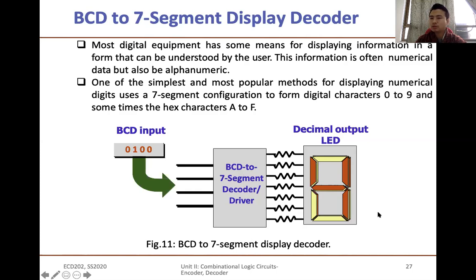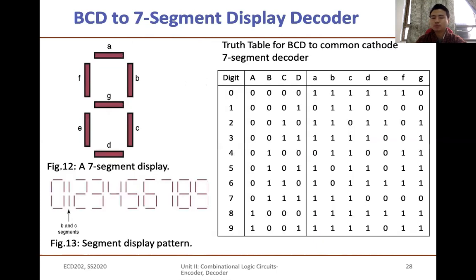Now let's look at how it converts from binary to decimal. If you look at this truth table and this display, this is the display at the output, and this one is the truth table. With the help of the truth table, I'm going to explain how the 7-segment display decoder converts a binary number to a decimal number.